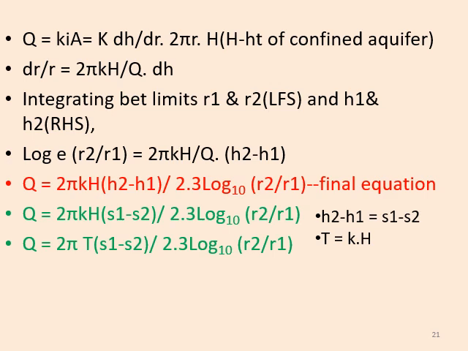And K into H, we know, is transmissivity T, so the final Q will be equal to 2 pi T into S1 minus S2, divided by 2.3 log 10 R2 by R1. So these three basic equations, the red one and two green colored equations, we have to use according to the data given in the numerical problem to estimate the yield or discharge, the quantity Q, from the confined aquifer.